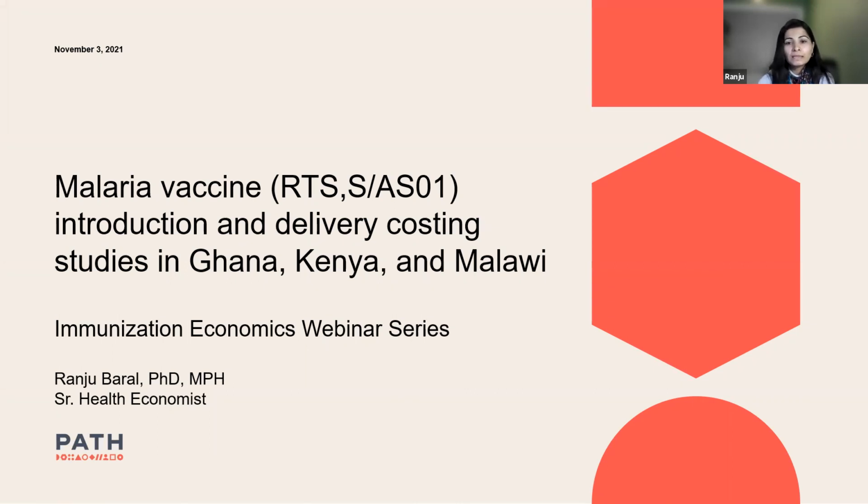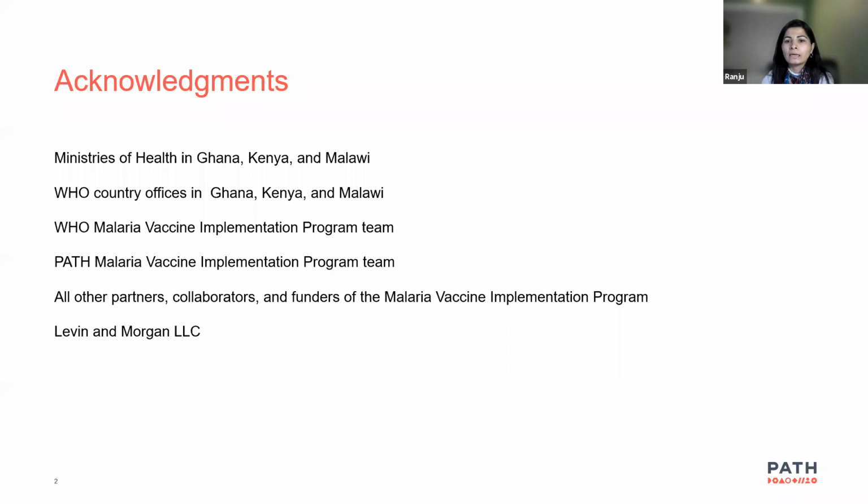So today I'm going to present the work that we did with a large group of collaborators, and I'd like to start by acknowledging the contributions from each of the collaborators within the MVIP, the Malaria Vaccine Implementation Program, Pilot Program Initiative. It is a collaboration led by the WHO with a lot of other collaborators, which include partner organizations, funders, the country immunization programs, ministries of health, and many more. Particularly, for this work, it was a joint analysis that we did along with the ministries of health and the EPI programs in the 3 pilot implementation countries, Ghana, Kenya, and Malawi.